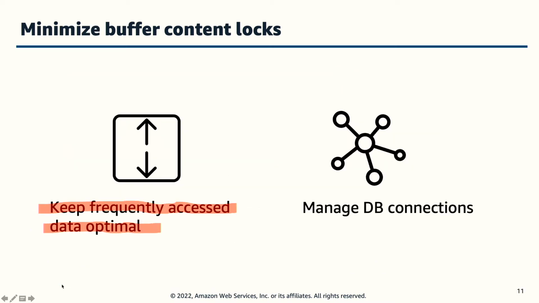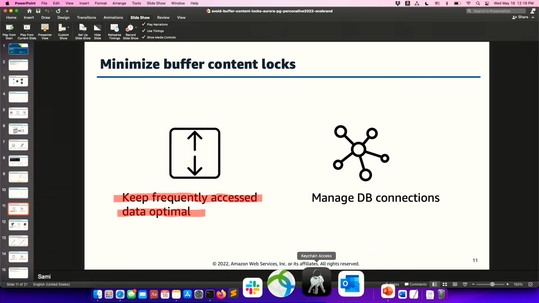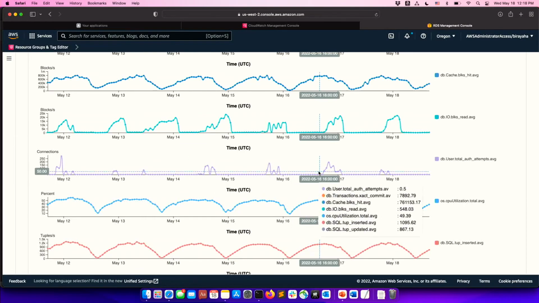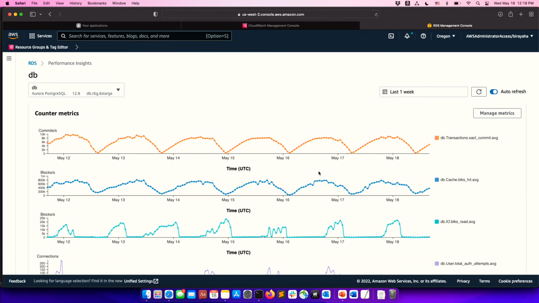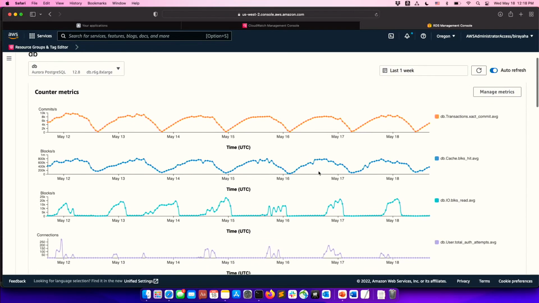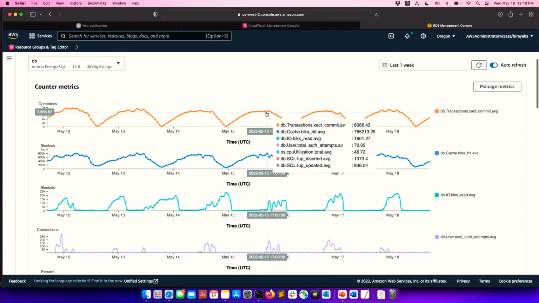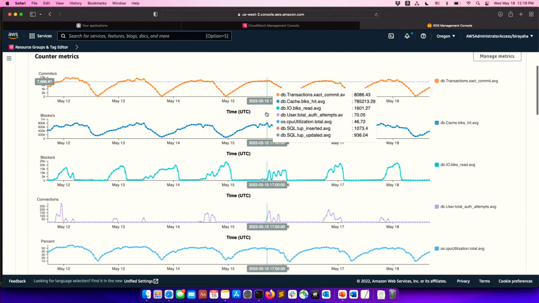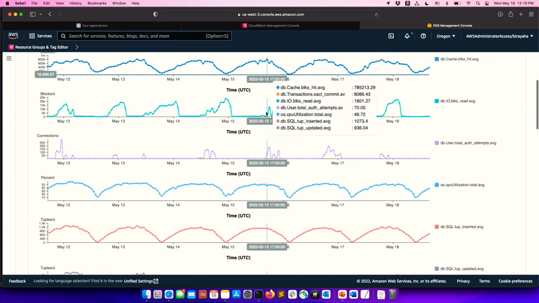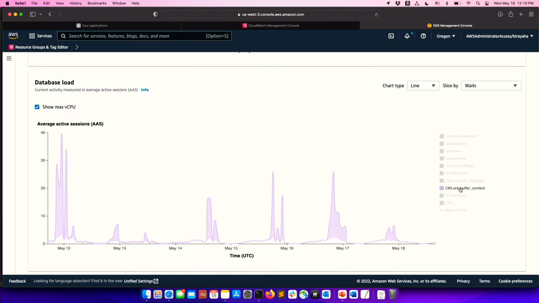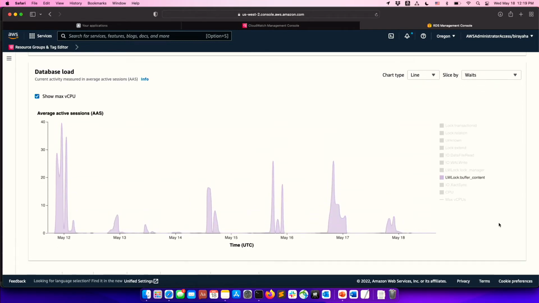So before we move on, I want to show you the system in action right now. Okay, so this is the load that is currently running. You can see that it's the same load as we captured when we compiled those slides. If we zoom in on the buffer content lock, you can see that this system experiences these spikes regularly.